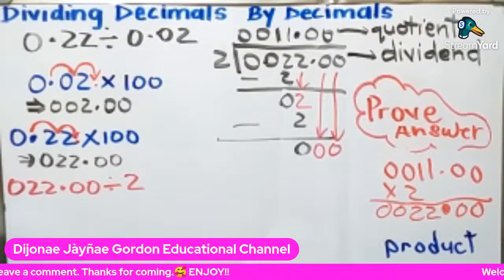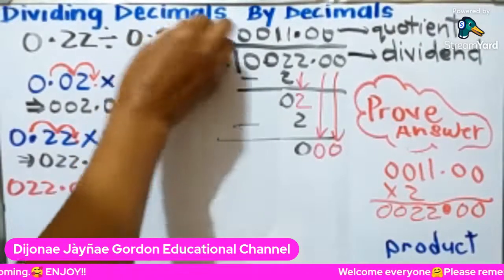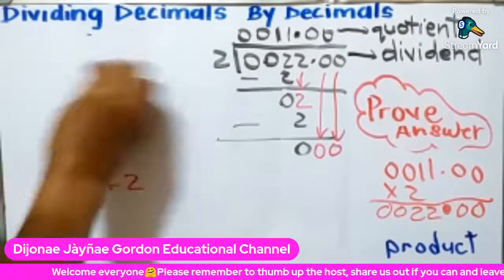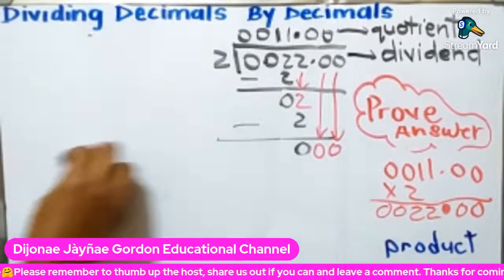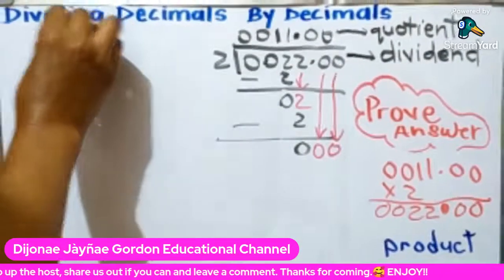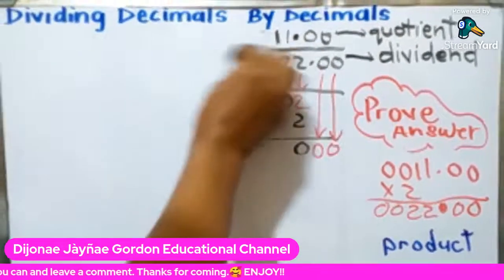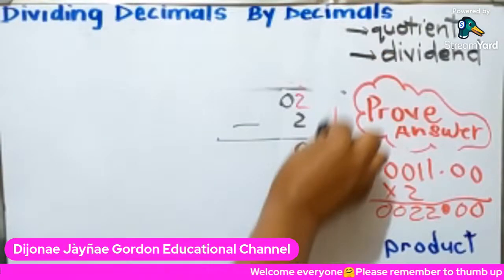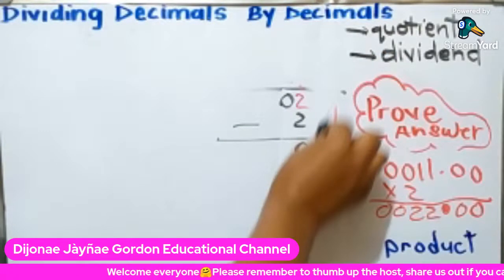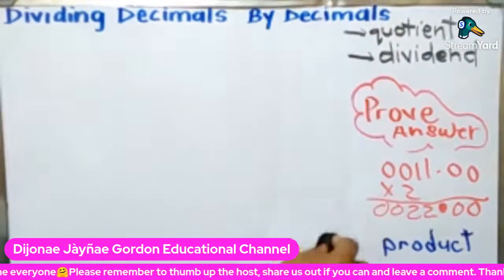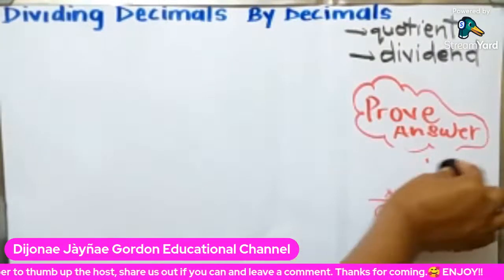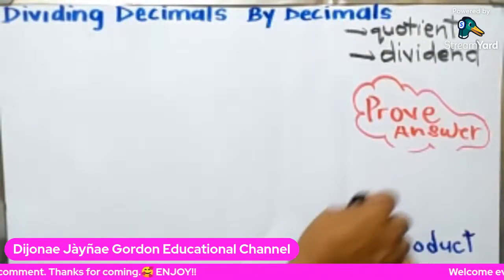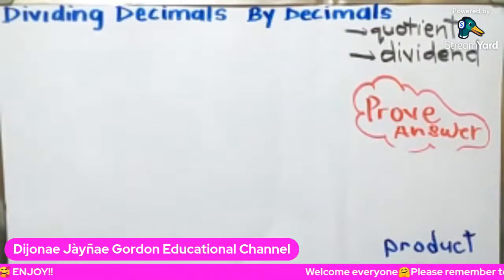All right, so I'm going to erase this and we're going to take our last problem. All right, so we're going to go right ahead, and of course, we're going to work our last problem.